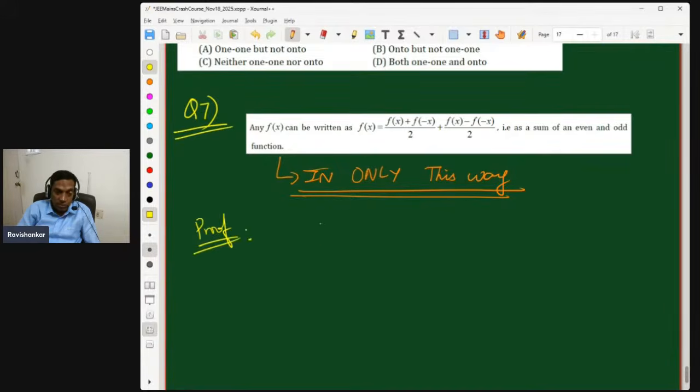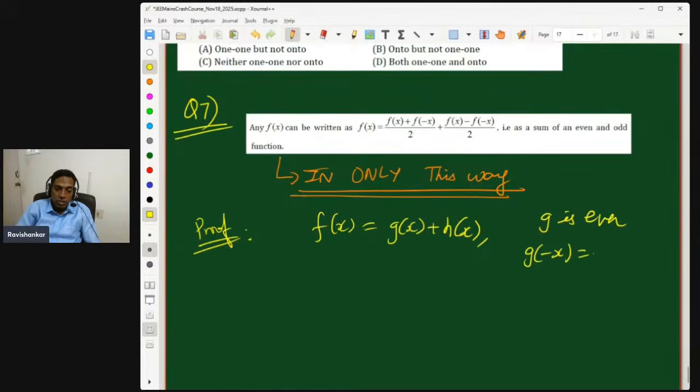It is very simple. Suppose f of x is g of x plus h of x, where g is even, so g of minus x is g of x, and h is odd, so h of minus x is minus h of x.